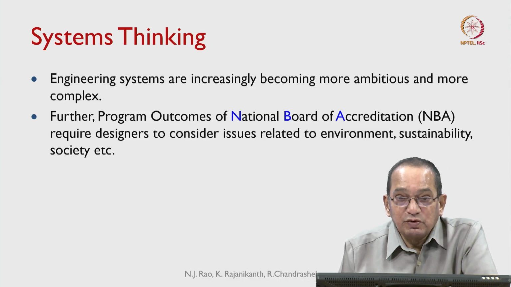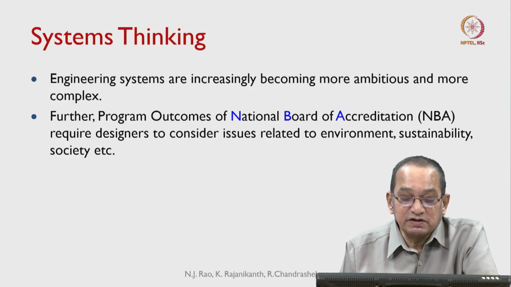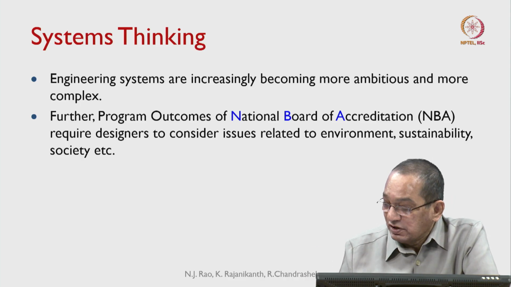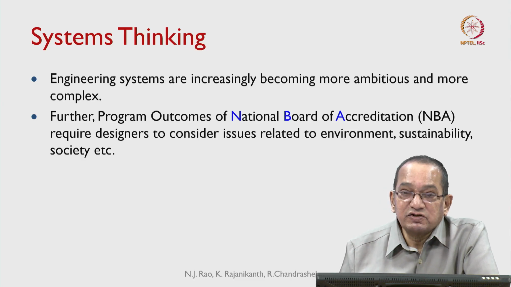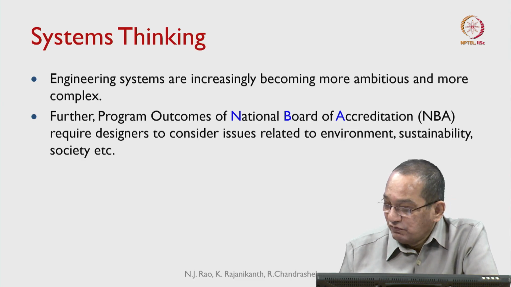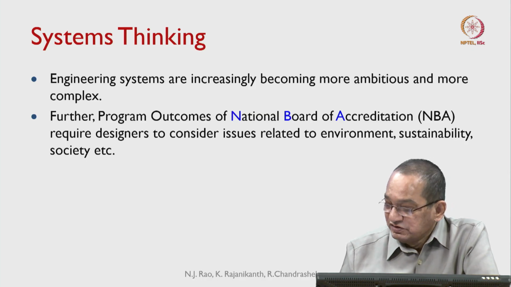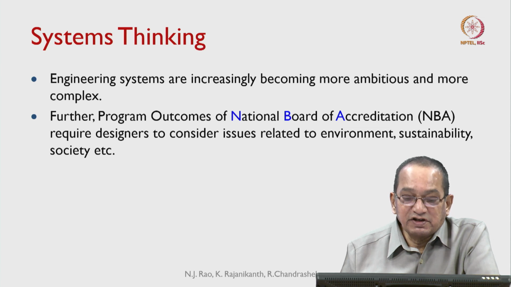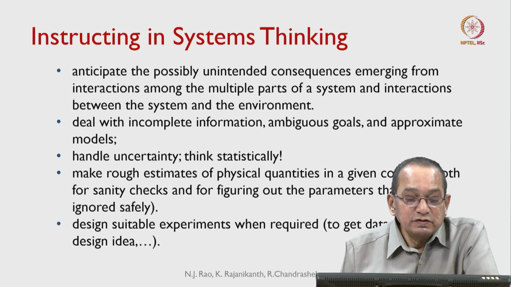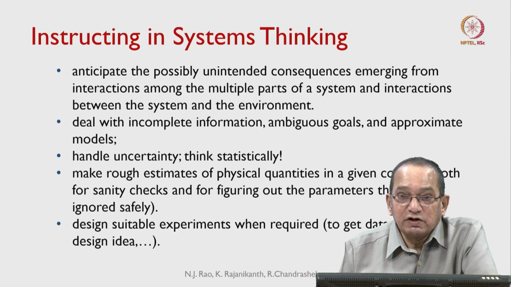Further, program outcomes of NBA require designers to consider issues related to environment, sustainability, society, etc. Which means that the systems are really becoming multi-dimensional, multi-faceted, and finding solutions in such a context would require an enormous change in the mindset of the designers. So, in instructing systems thinking, the students must be trained in several different novel areas.